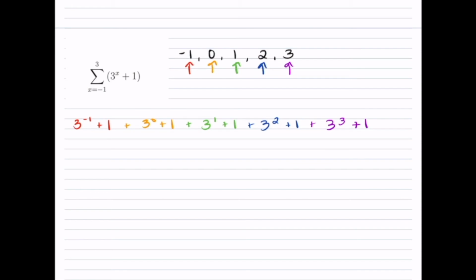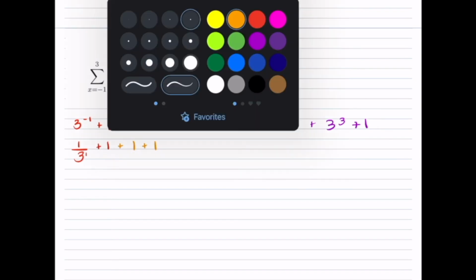Alright, so we can simplify this a little before plugging it into our calculator if we need to. 3 to the negative first is 1 over 3 to the first plus 1. Anything to the 0 power is 1, so that means 3 to the 0 is 1 plus 1.